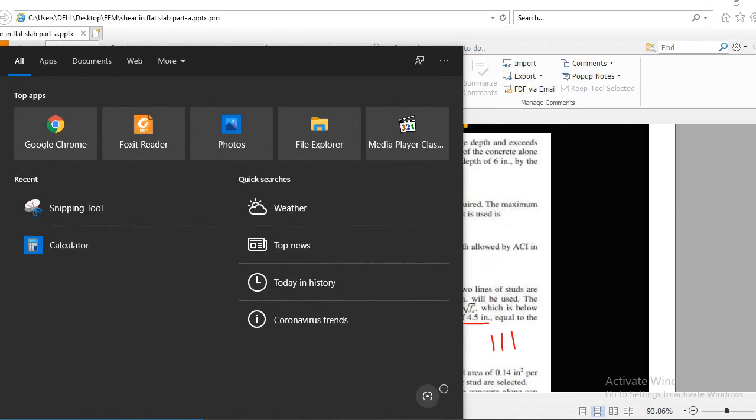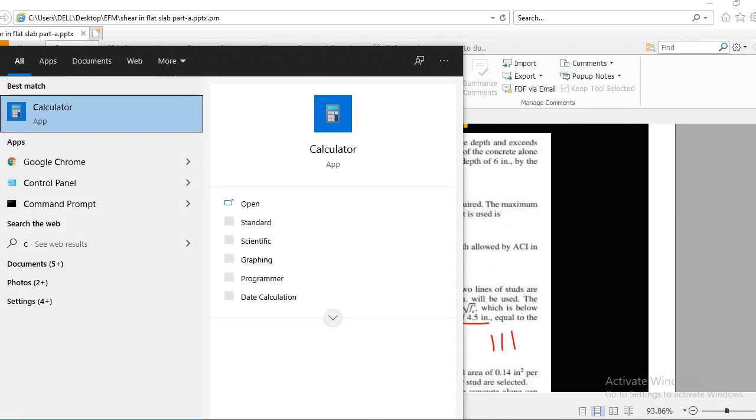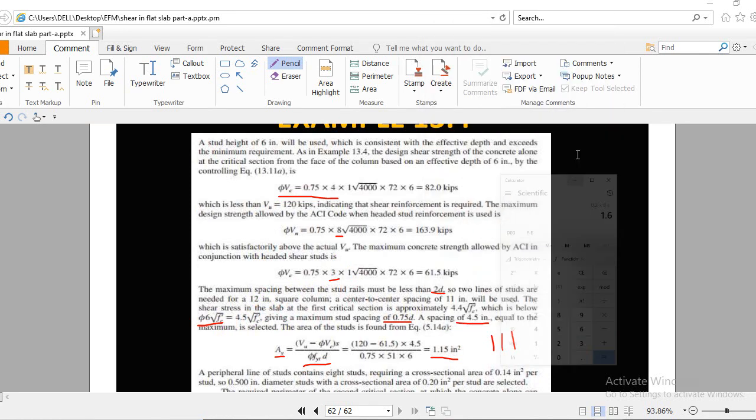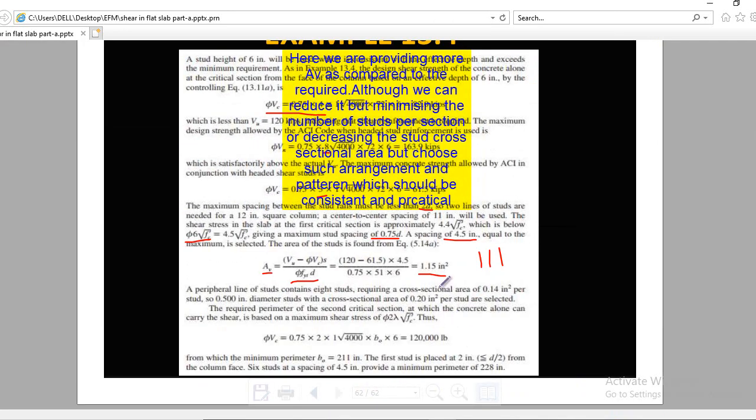So if you multiply 0.2, the area of the number 4 bar, or 0.5 inch diameter, by 8, we get 1.6, and 1.6 is more than 1.15 inch square.